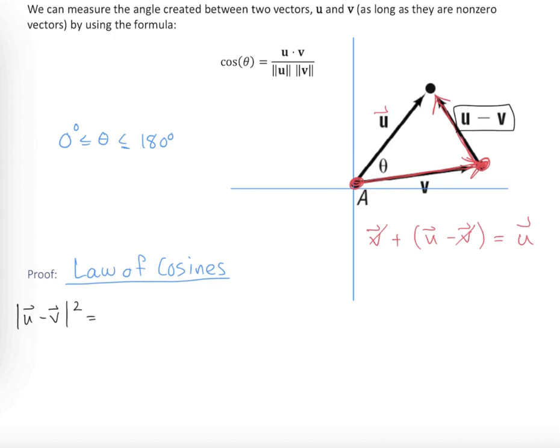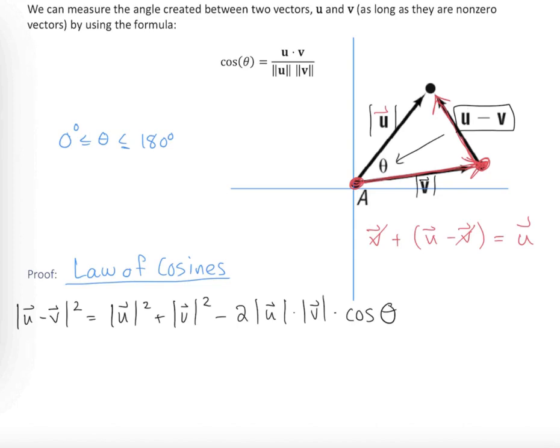It's going to be equal to the sum of the squares of these two sides, so mag u squared plus mag v squared. It looks a little like the Pythagorean theorem, but then we minus 2 times the magnitude of u times the magnitude of v, and we multiply that by the cosine of the angle that was opposite the side that we started with. This is the law of cosines from trigonometry.